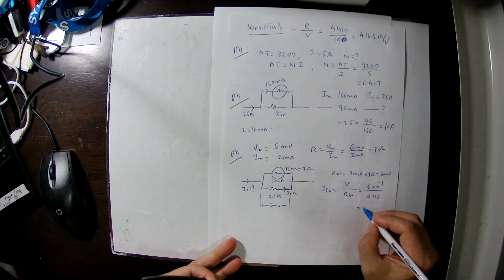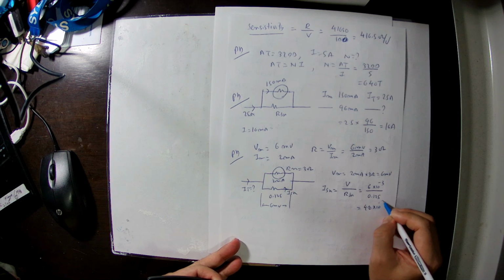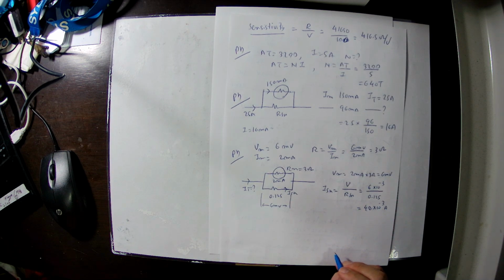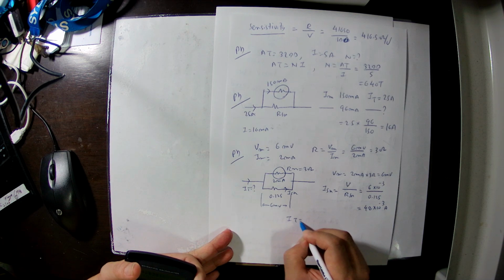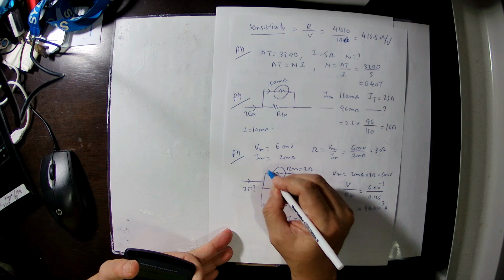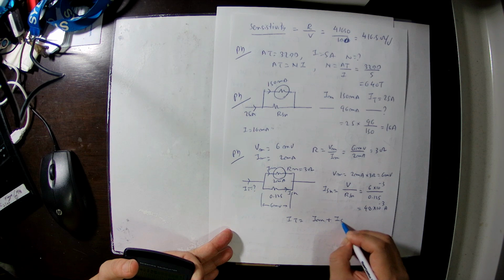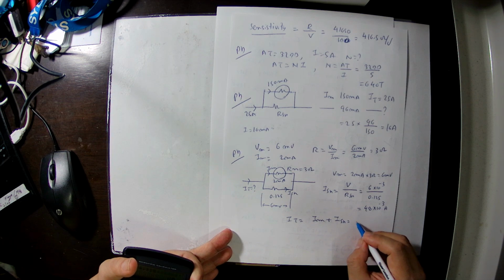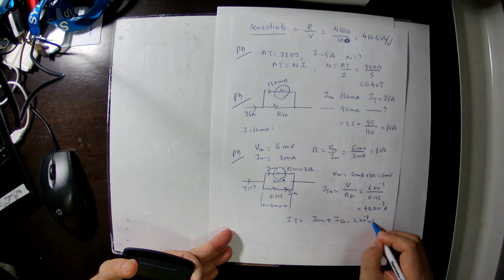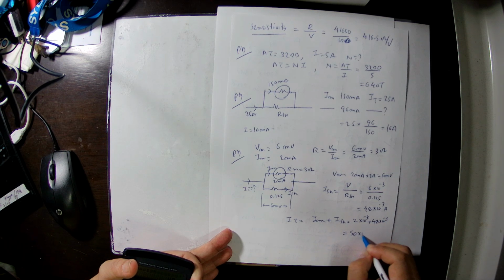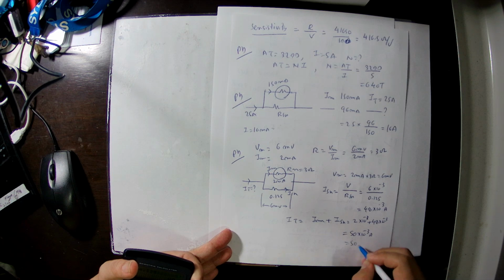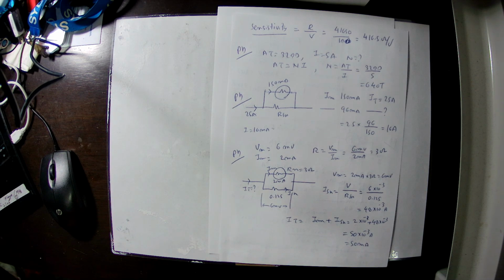So this is 48 into 10 power minus 3 ampere, the ISH. So therefore the I total can be calculated. Current in the meter is Im plus ISH. So Im is 2 into 10 power minus 3 plus ISH 48 into 10 power minus 3. So here 50 into 10 power minus 3 ampere or 50 milliampere. So the current flow into the circuit is 50 milliampere.